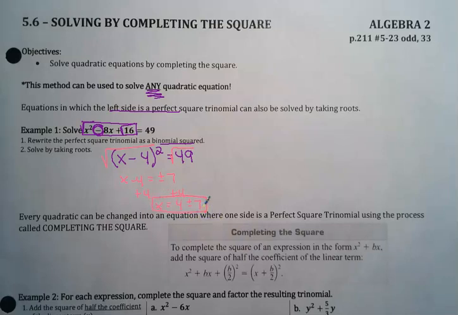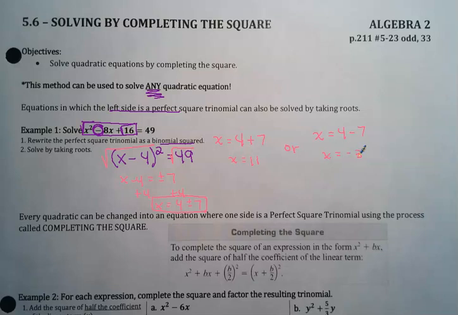So that's one way to write our answer. The other way is to actually find out what that is. What is 4 plus 7? Well, that's 11. Or we can do x equals 4 minus 7, so x equals negative 3.